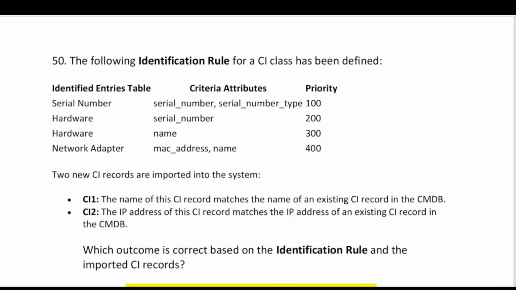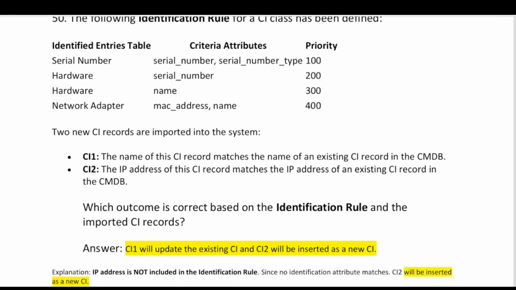Which outcome is correct based on the identification rule and the imported CI records? Answer is CI1 will update the existing CI and CI2 will be inserted as a new CI.